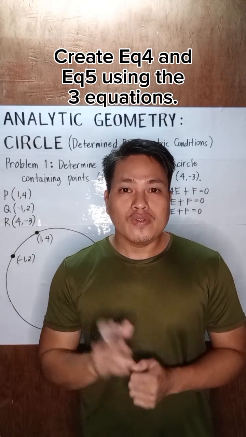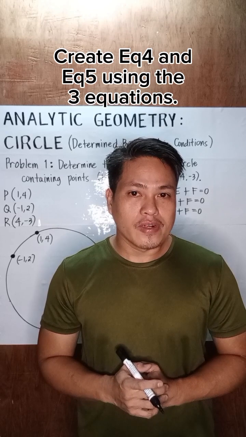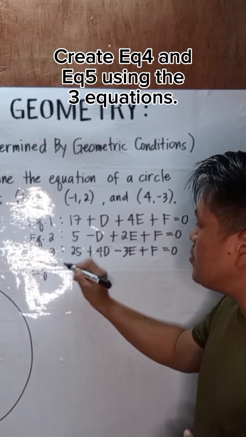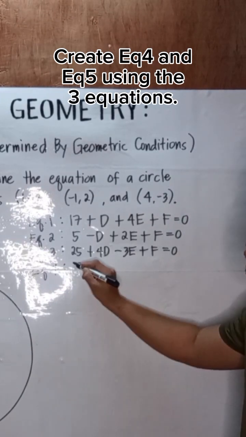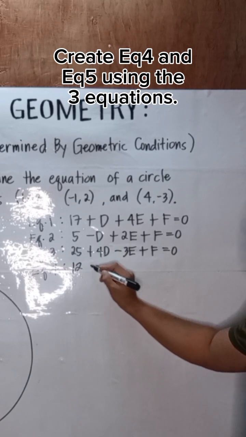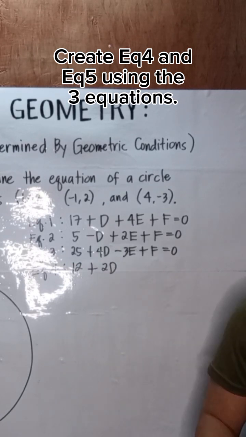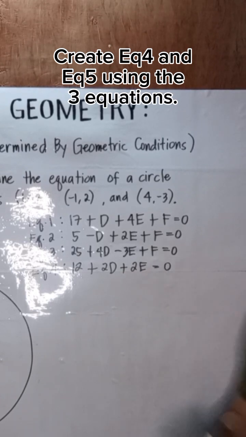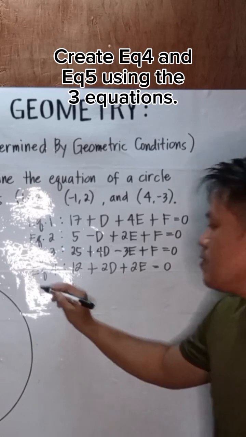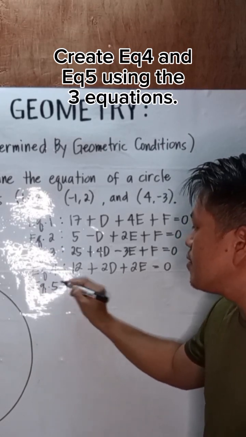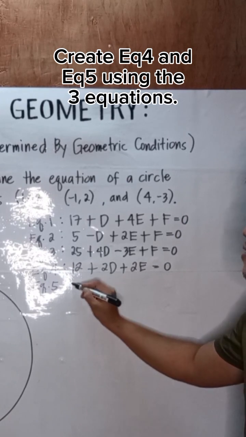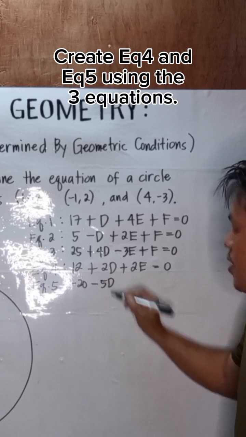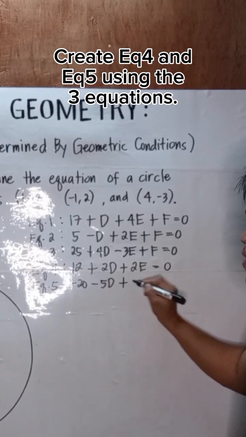Idagdag natin yung dalawa pang equation natin, equation 4 and equation 5. Equation 4 ay 12 plus 2D plus 2E na lang kasi nasubtract dyan ang F. Then, yung equation 5 natin ay negative 20 minus 5D plus 5E.